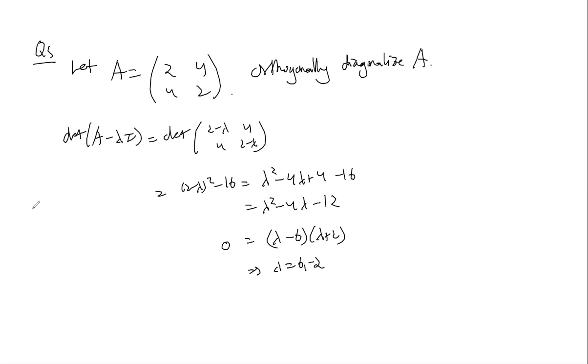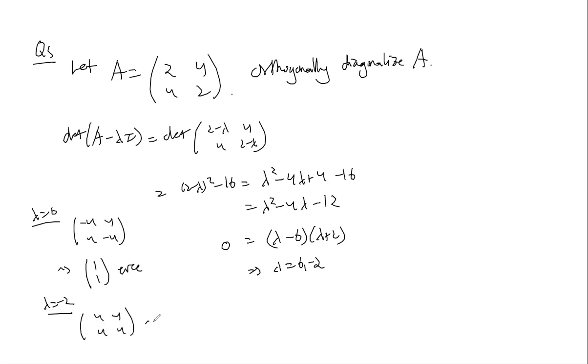So you find your eigenvectors. Minus 4, 4, 4, minus 4. You get that (1, 1) is an eigenvector. Then you get 4, 4, 4, 4. You get (1, -1) is an eigenvector.